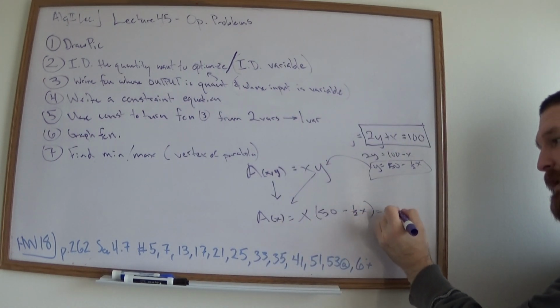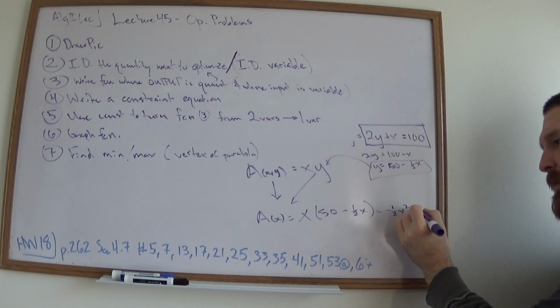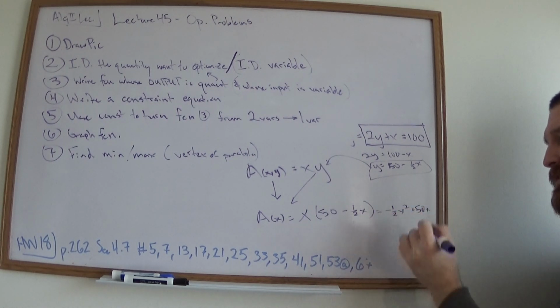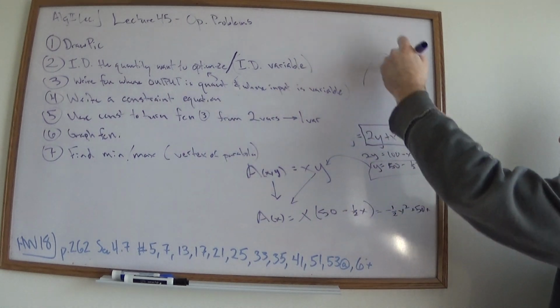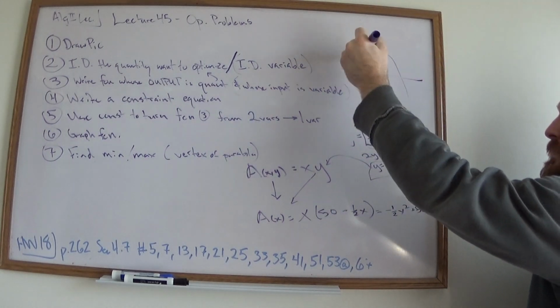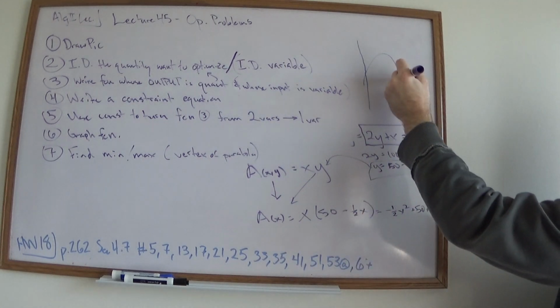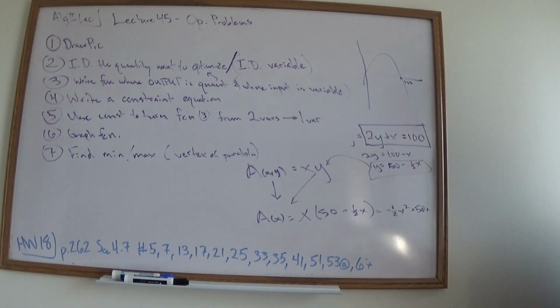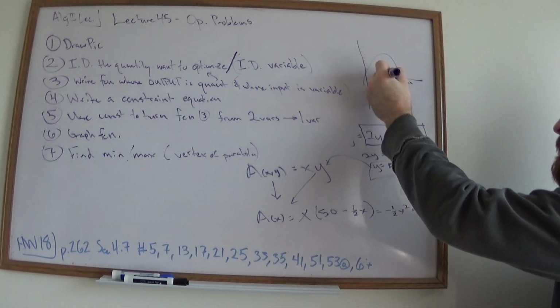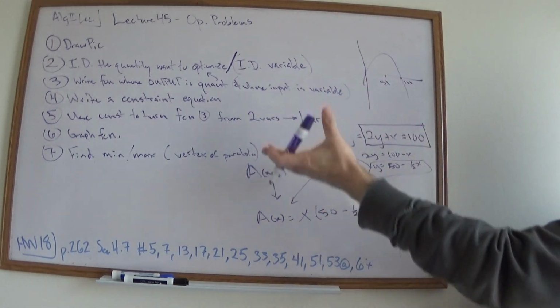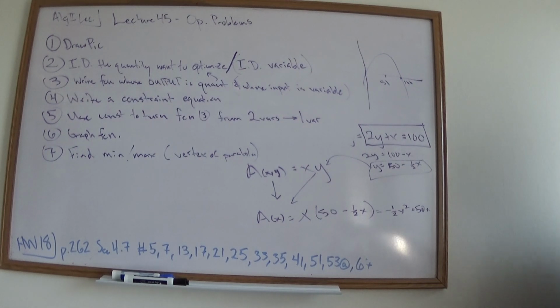This is the same thing as minus 1/2 x squared plus 50x. You could graph that guy. He looks like this. He goes through 0 and, I guess, 100. And it happens to be halfway between, because it's a vertex. Well, we don't have that luxury anymore, okay?